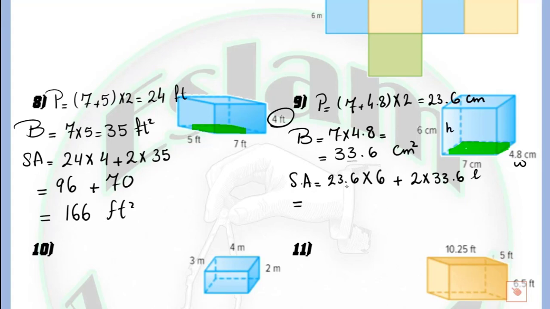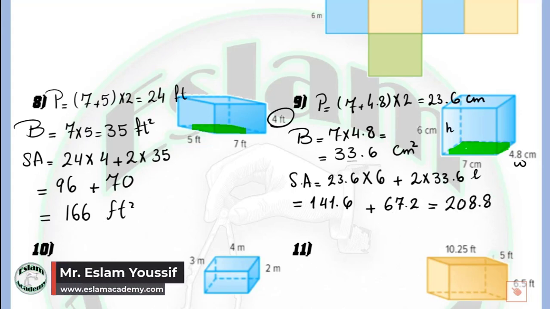By multiplying 23.6 by 6, you will find that the answer is 141.6, plus 2 times 33.6, which equals 67.2. By adding the two numbers, you will find that the answer is 208.8 square centimeters. And that's how we can find the surface area of a rectangular prism.